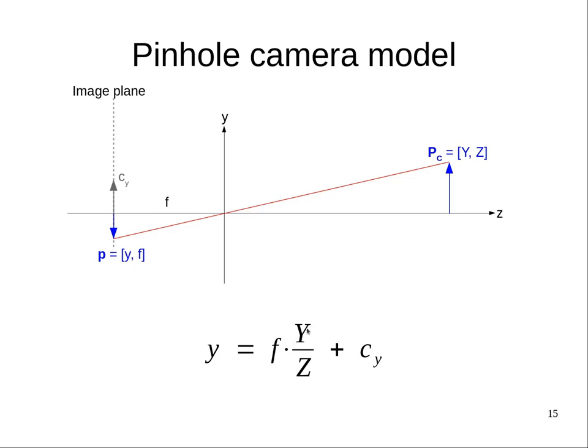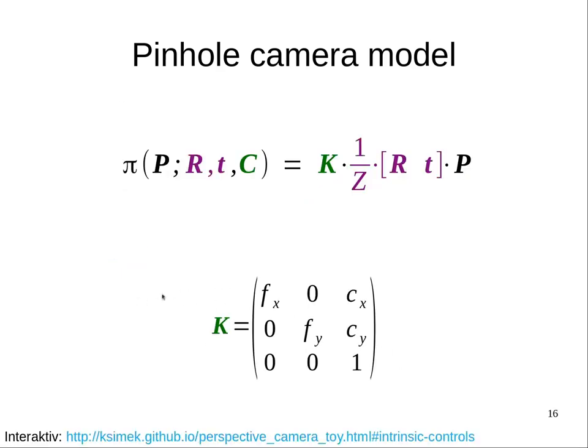And if I now go back one slide, this is exactly what we did with Y here. So imagine we are talking about X. Now it's Fx by X divided by Z plus Cx. This would be this row, and for Y it's exactly what you've seen on the last slide. So this equation allows us to convert 3D world points into 2D image coordinates in pixels.